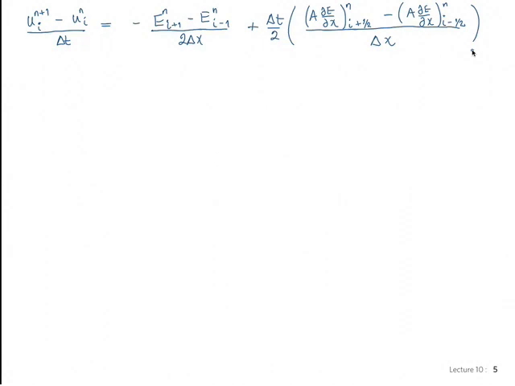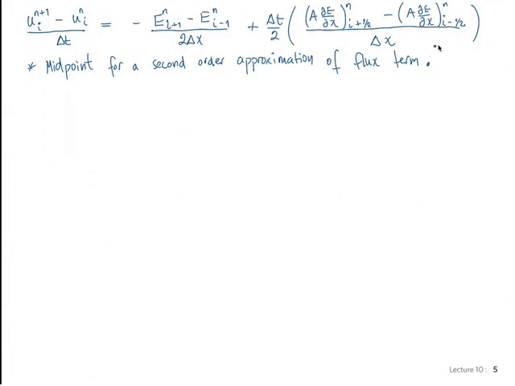So we're using the midpoint for a second order approximation of a flux term. Now, for this term, we are going to incorporate the following approximation. We're going to write all of this term inside the parentheses here.